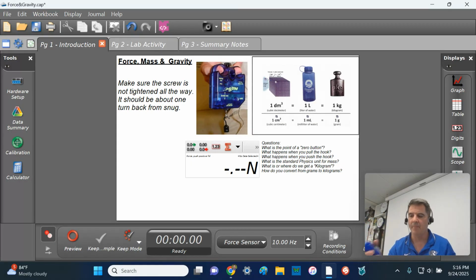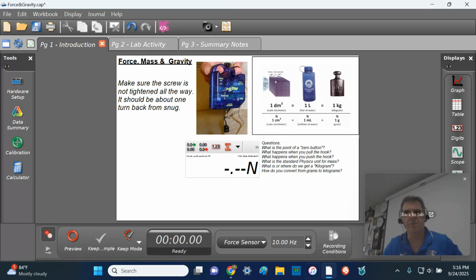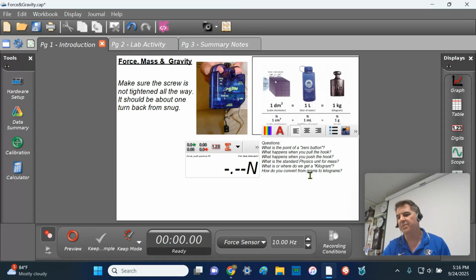So a couple things about this. It just starts off with what is the point of a zero button? Well, this is just for your lab. We just got to make sure that when you're weighing something, you want to have it zeroed. Think about this like if you were going to go to the grocery store and buy apples.